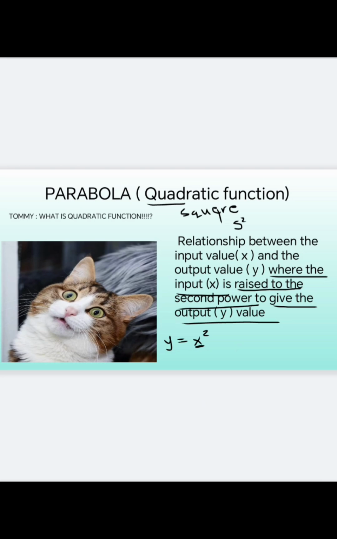When you see a quadratic function, you must say that is x squared. There is no quadratic function that we can find that has a power of 3. There is no way. A quadratic function has a power of 2. I hope you understood what we are talking about when we talk about the parabolic or quadratic function.